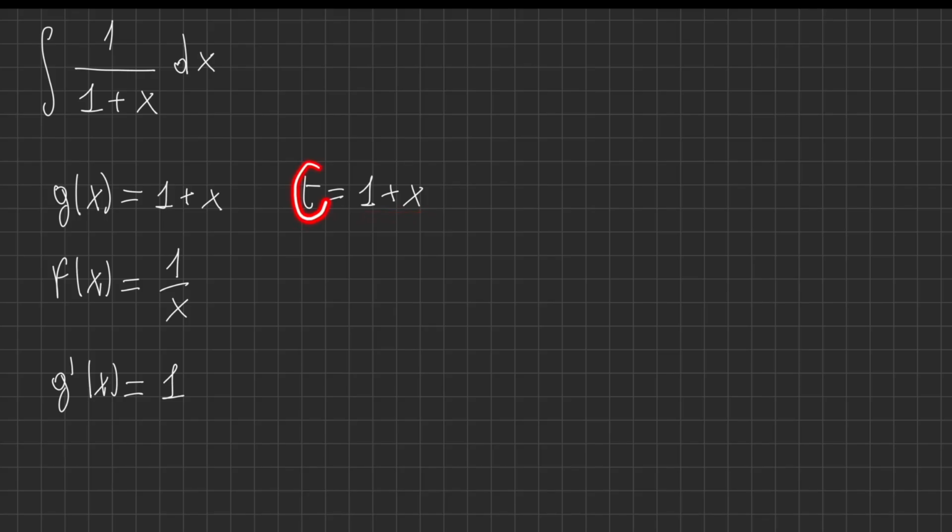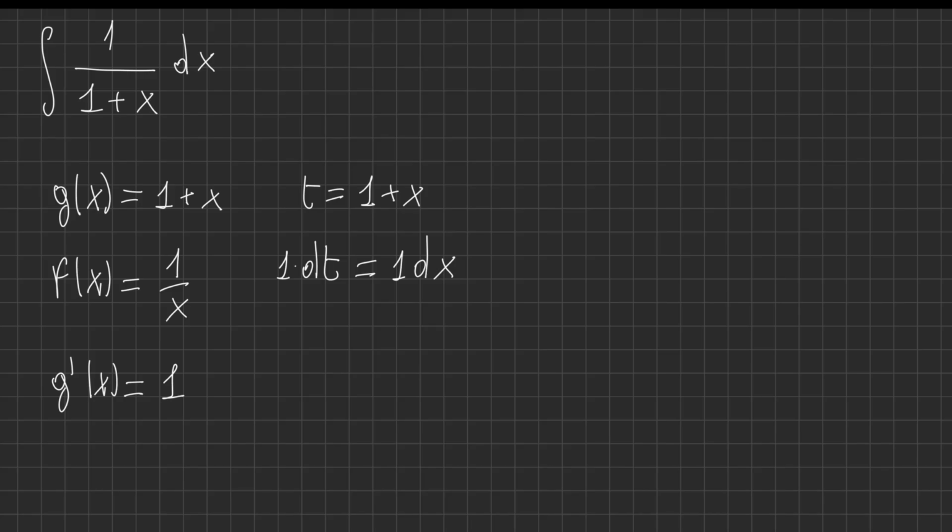On the left-hand side, we differentiate with respect to t, and on the right-hand side, we differentiate with respect to x. In this way, we get 1 times dt, and this dt reminds us that we differentiate with respect to t, equal to the derivative of 1, which is 0, plus the derivative of x, which is 1, with respect to x, dx.